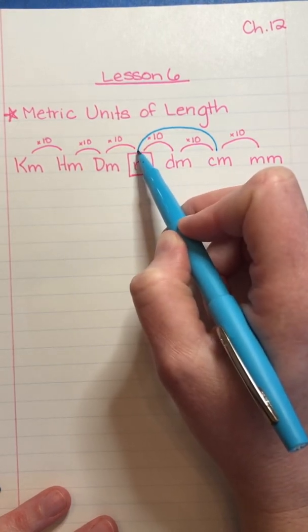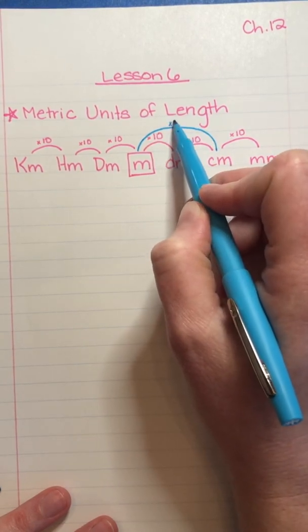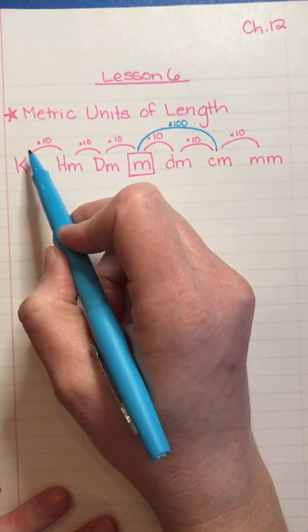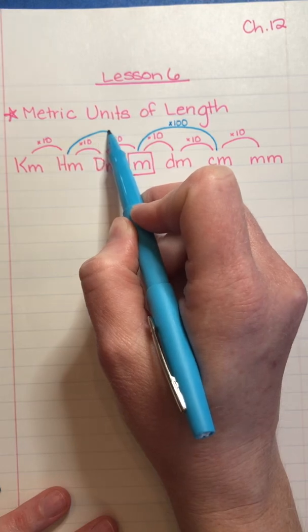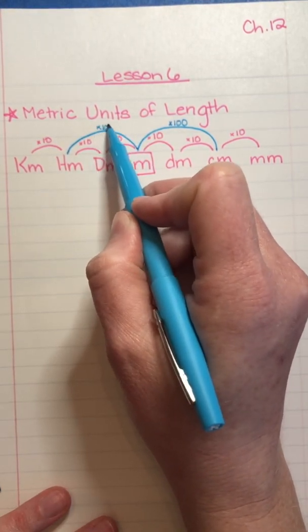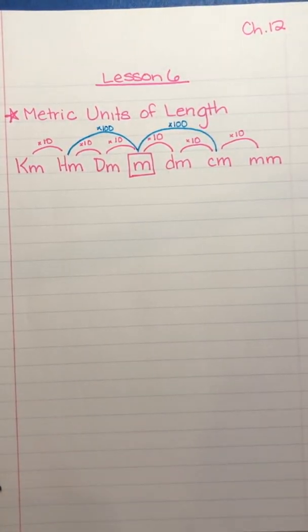So if I'm going to go straight from meters all the way to centimeters, I'm going to be doing that times 100, okay? And same thing anywhere else. If I make one jump, I skip over a unit and go to the one next, it's going to be a difference of 100. I'll multiply or divide, depending, by 100, okay?